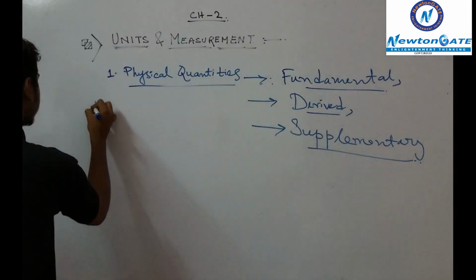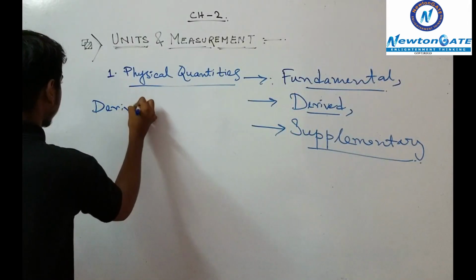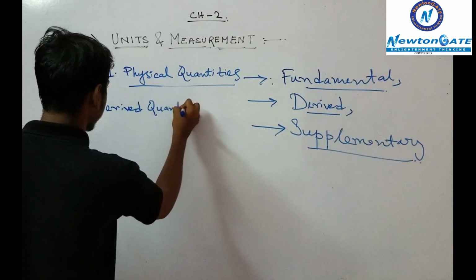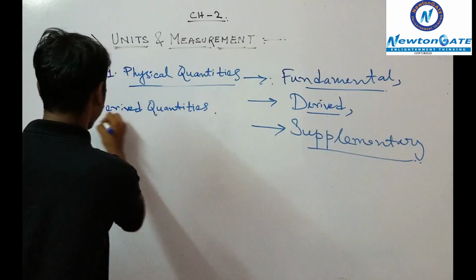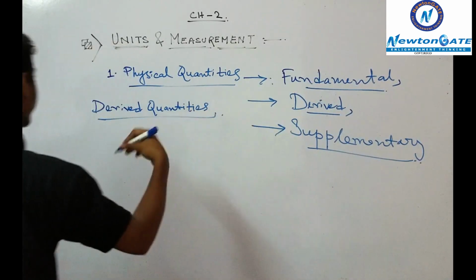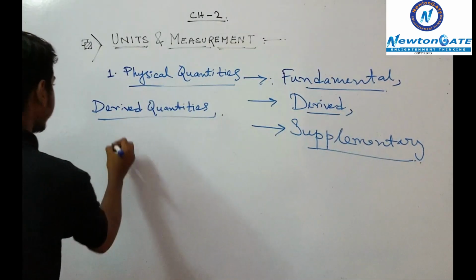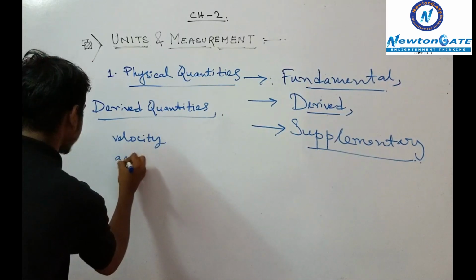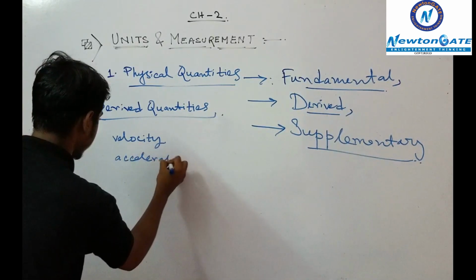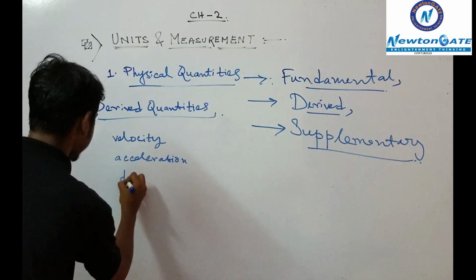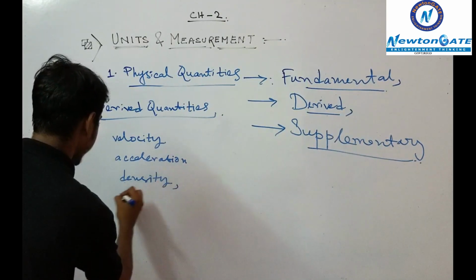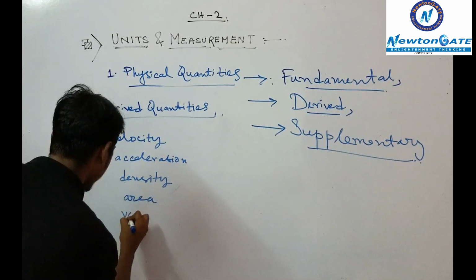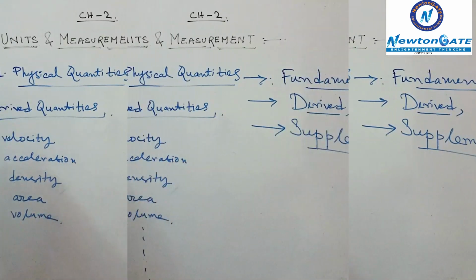And the derived quantities, there are many. It can be velocity, acceleration, density, area, volume.